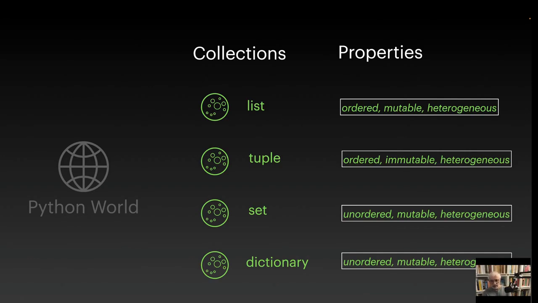So first is each collection is either ordered or unordered. I'm going to explain that as we go, and we'll see it in action, but you want to keep this in mind. So a list is an example of an ordered collection. A tuple is also an ordered collection. A set and dictionaries, on the other hand, are unordered collections.